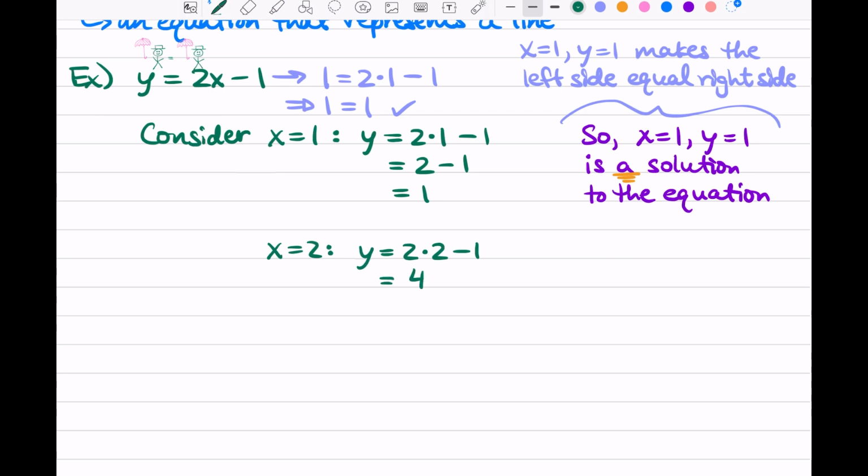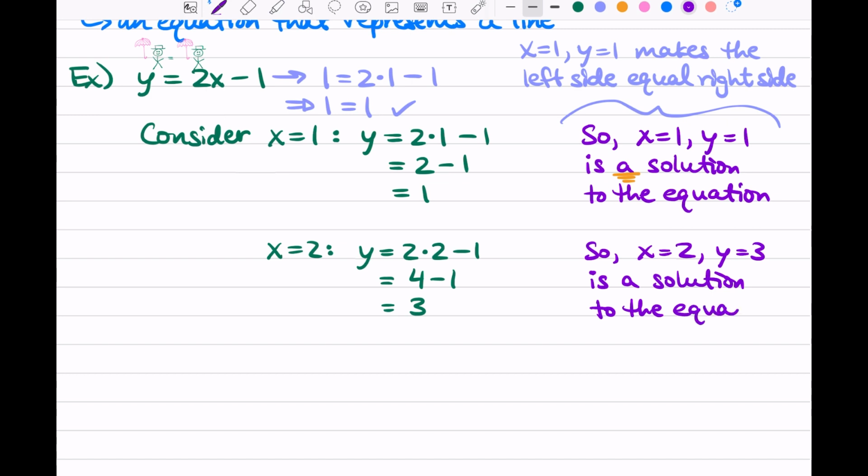That equals 4 minus 1, which equals 3. In a similar way, we say x equals 2, y equals 3 is a solution to the equation. It is a solution, meaning it's a pair of numbers for x and y that we can plug back in into the equation to make the left side equal the right side.